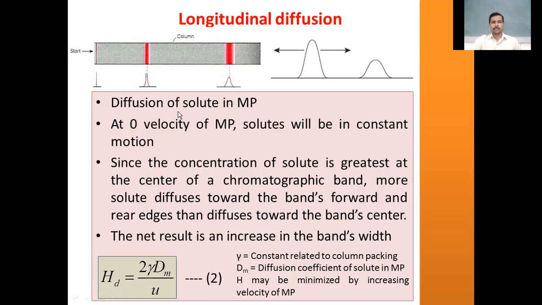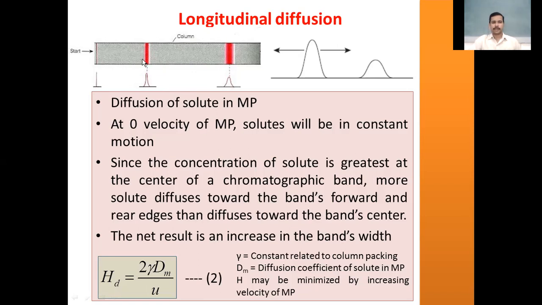As a result, solutes which are concentrated at the center will start to move towards the front and rear edges of the chromatographic band, either in this direction or in this direction.